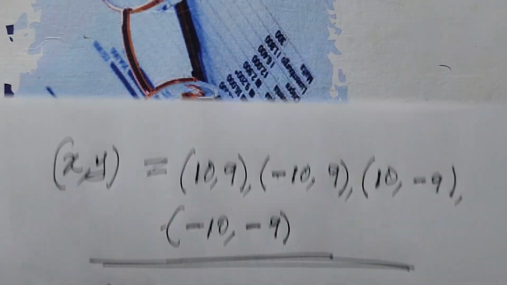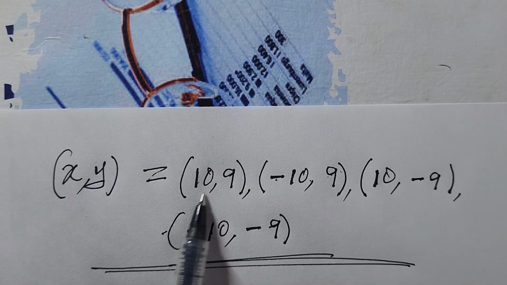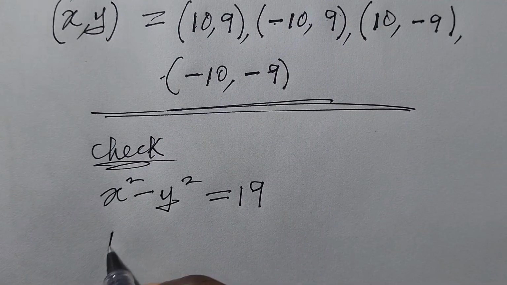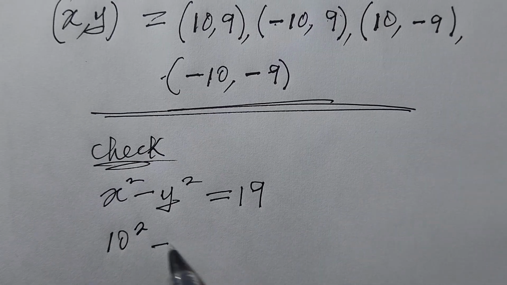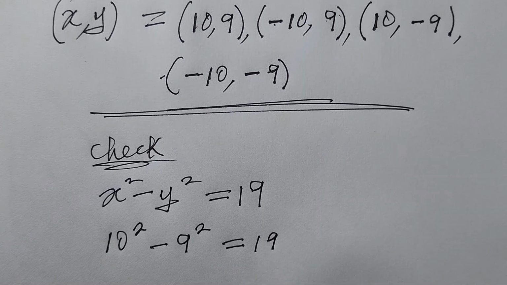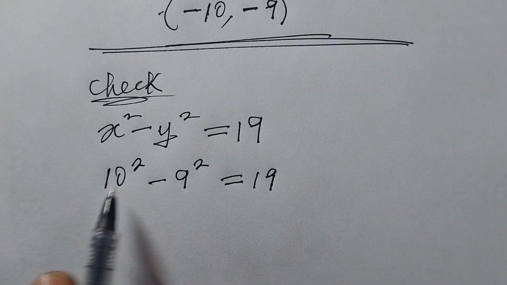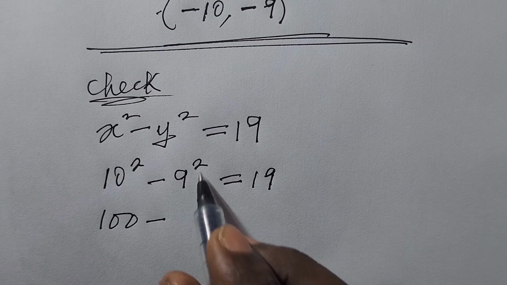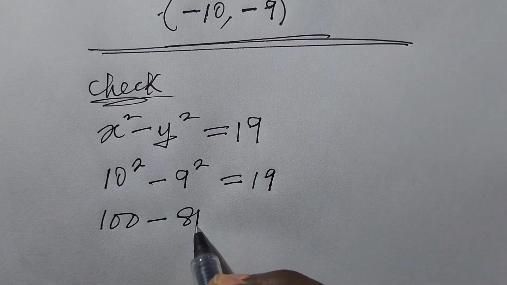Let's take the first one, which is x = 10 and y = 9. We put this in: 10 to the power of 2 minus 9 to the power of 2 equal to 19. 10 to the power of 2 gives us 100, minus 9 to the power of 2, which gives us 81.